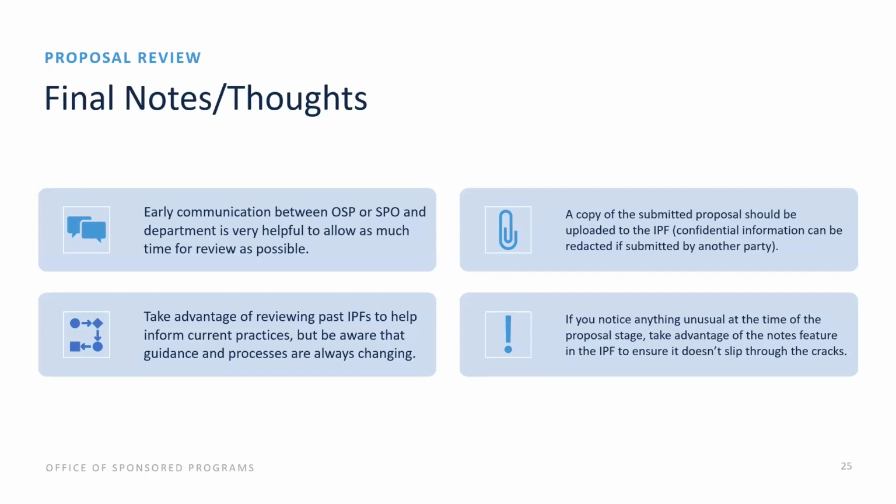If you notice anything unusual at the time of the proposal stage, when it's sitting with you before you've submitted to us, really take advantage of the notes feature within the IPF. Just highlight it. Let us know that, hey, this seems out of the ordinary in the proposal announcement. Haven't seen that before.